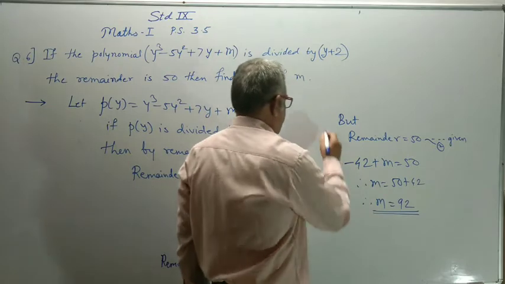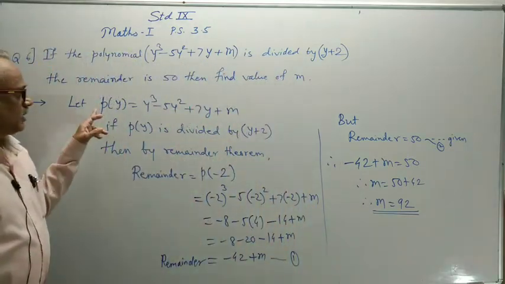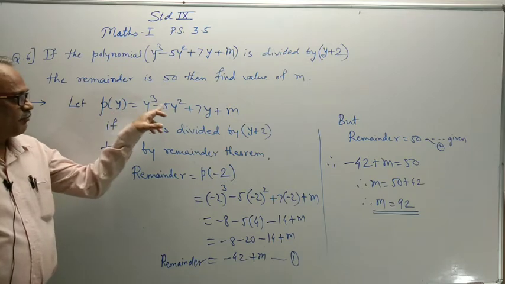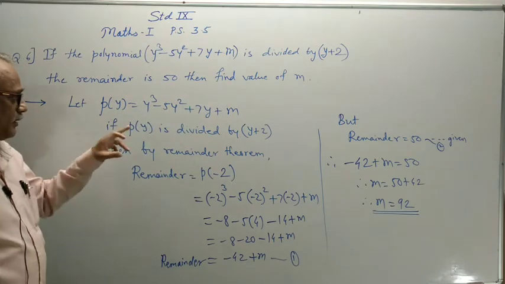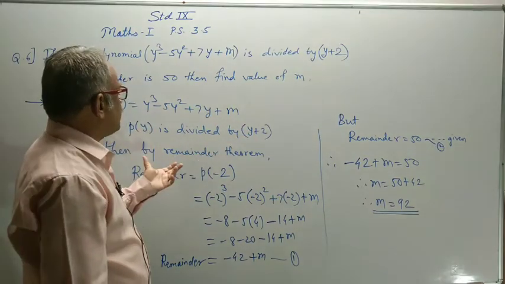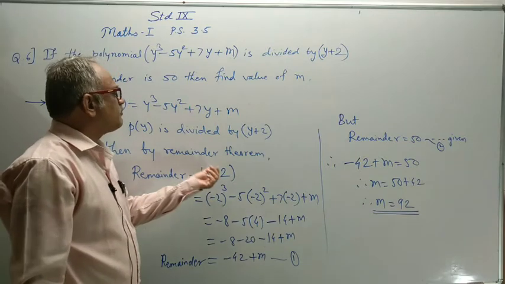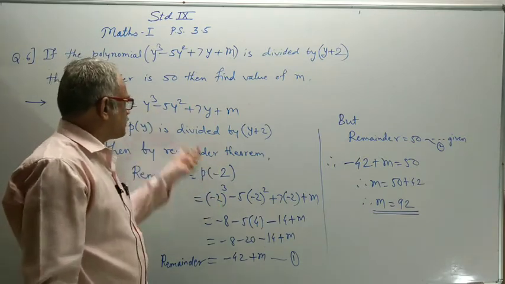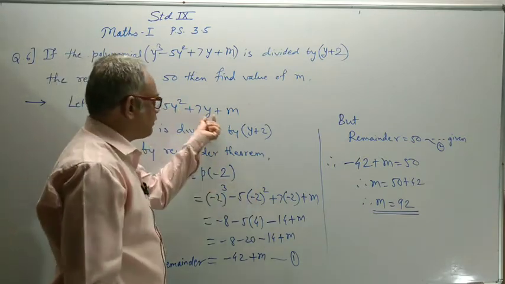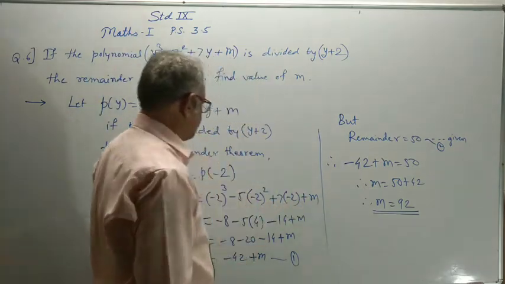Again I will explain, pay attention. This p of y is divided by y plus 2. If we use the remainder theorem, the remainder must be p of minus 2. So wherever there is y, minus 2 is substituted, and other things are kept as they are.